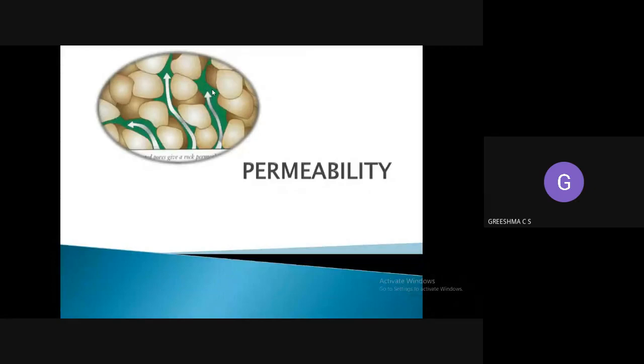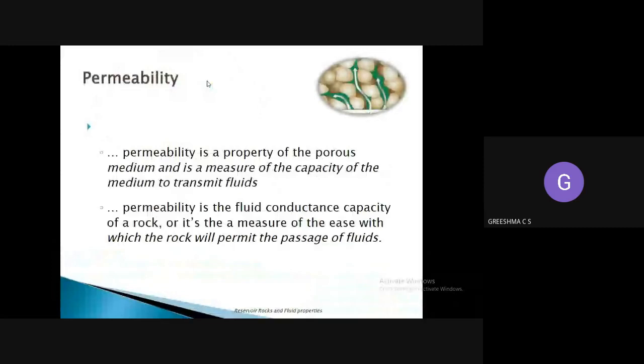So what is permeability? It is the property of the rock mass to conduct fluid between the pore spaces. Please know the difference and don't get confused. Permeability means the ability of a rock mass to transmit fluids. Transmit fluids is the important word.